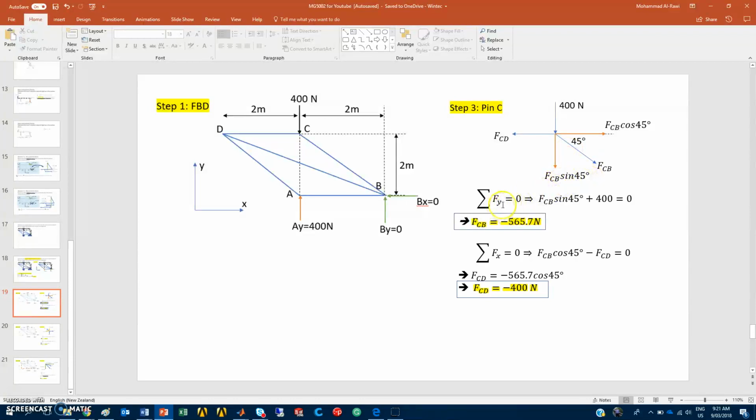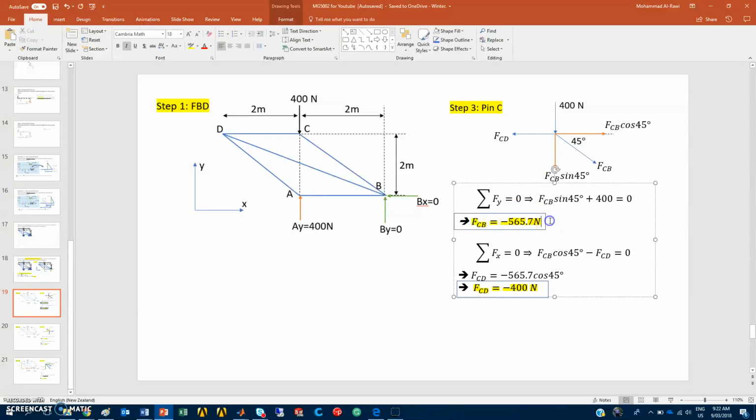So summation of forces in Y direction is equal to 0. So what do you have? You have 400 newtons, positive, plus FCB sine 45. If you look carefully, it looks like I assumed the direction wrong, because you cannot have both forces going in that direction, otherwise there would be no support reaction. Therefore, the correct direction should be upwards, and that's what I should state here when I got the negative answer.